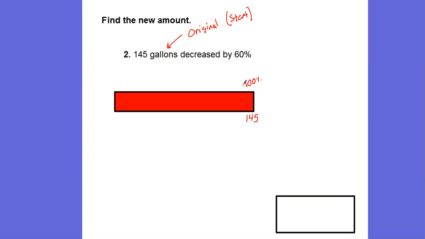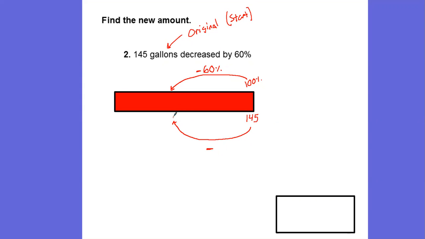Decreased by 60%. So I am going to lose 60%. And losing that 60% means that I'm losing a certain number of these 145 gallons. I don't know what that is at the moment, but I'll figure it out.